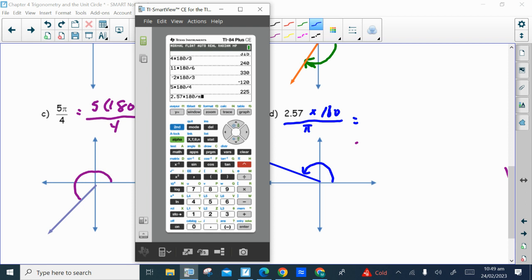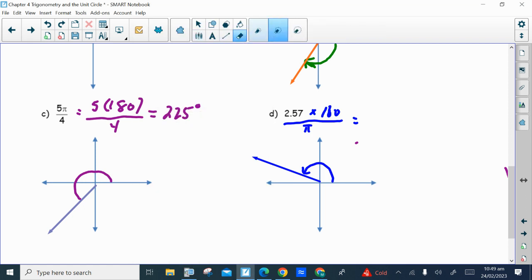And use the pi button, because that's going to give you a more accurate answer to round. Don't just use 3.14. Always use exact values if possible. So we can see that's approximately 147.25. It says if you're going to approximate, round to the nearest hundredth of a unit, 2 decimal places. So approximately 147.25 degrees.